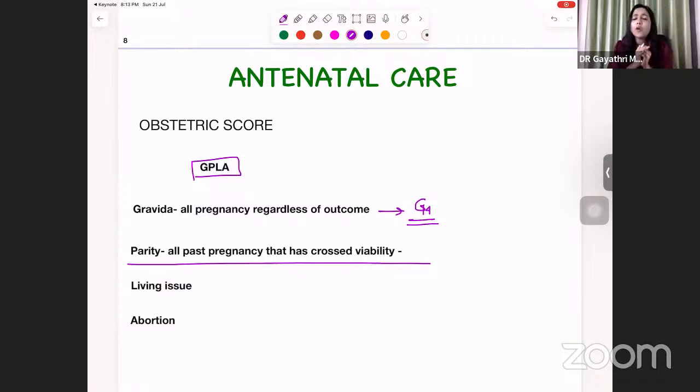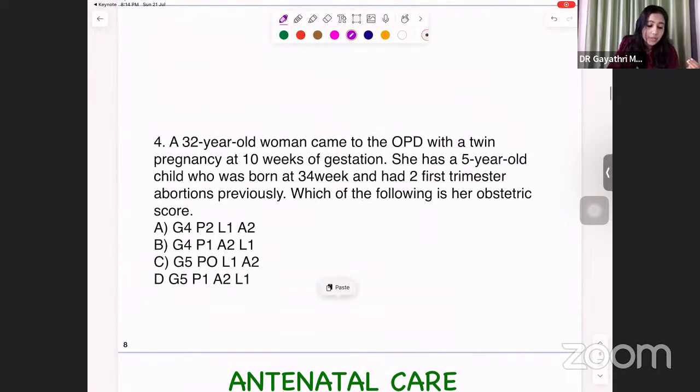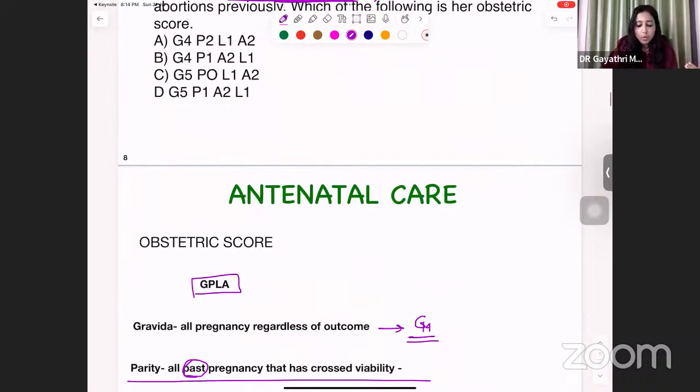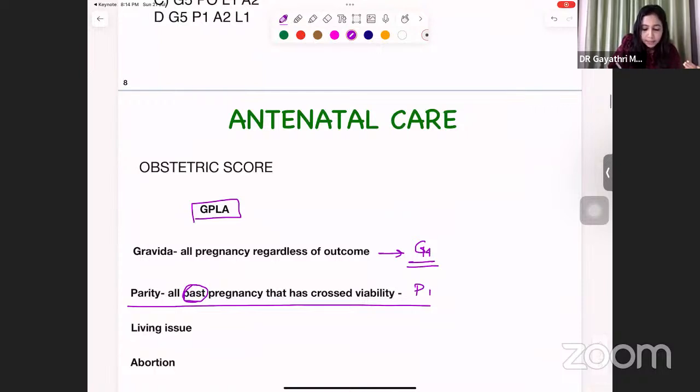The next one is parity. Parity means all past pregnancies that have crossed viability. So please note, parity only includes past pregnancies, not her current pregnancy. So she had only 1 pregnancy previously which has crossed the viability, that the baby was born at 34 weeks. So P is 1.